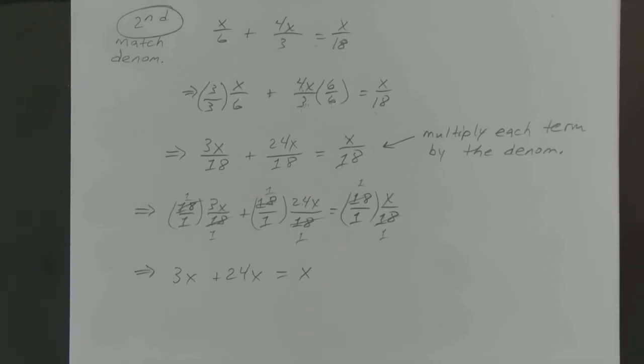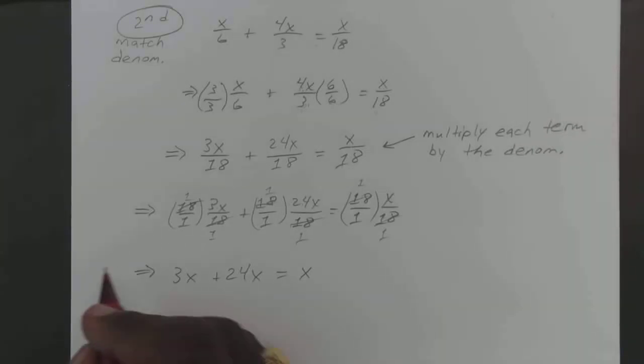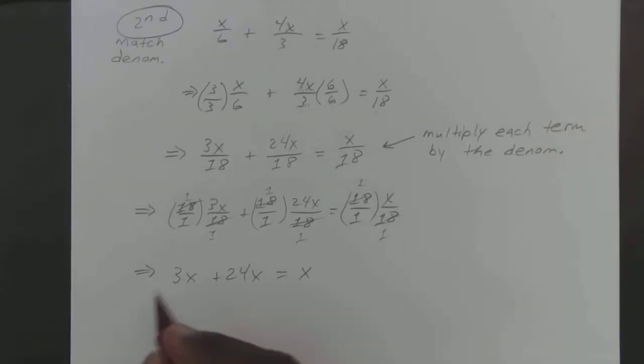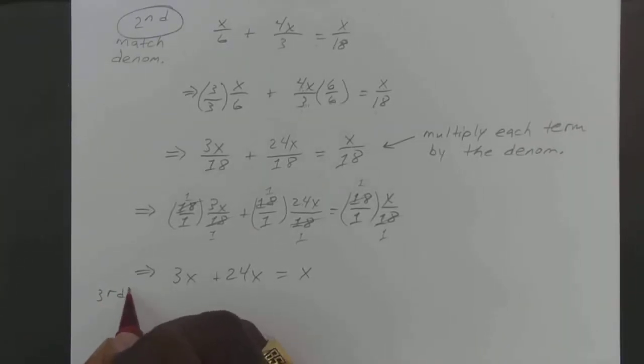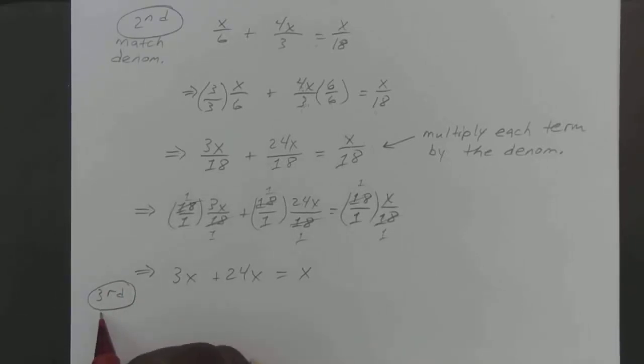All right. Okay. So now you just simplify it or solve it. Third step, you solve it. Really you can just combine those two. So you have 3x plus 24x is 27x equals x.